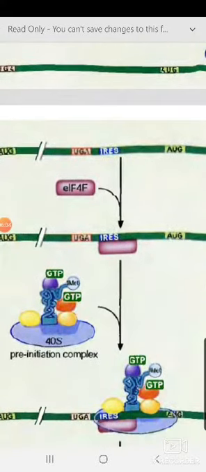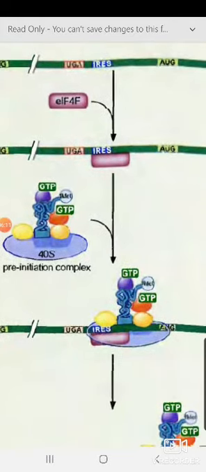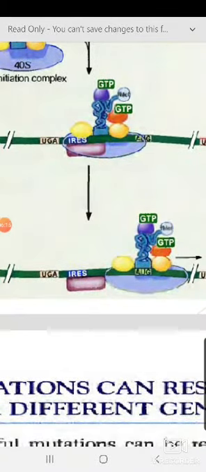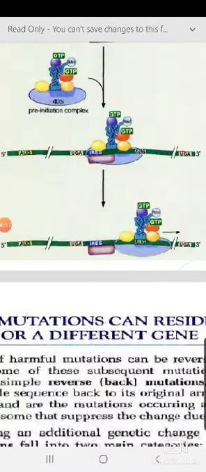Then with the initiator tRNA and other GTP binding factors, it comes and binds with the 40S complex and this internal sequence, and because of that translation initiates. This situation generally takes place in viral infection, when viruses need their mRNA to be translated more efficiently.